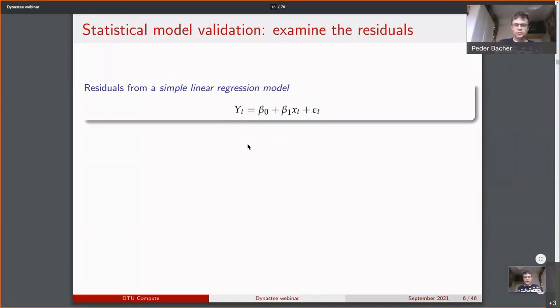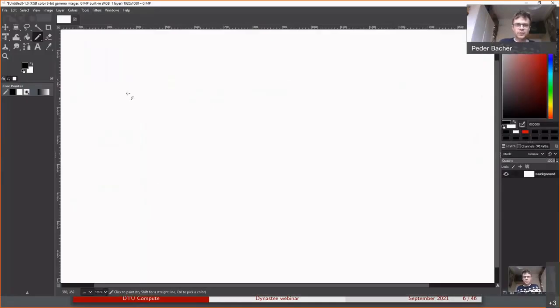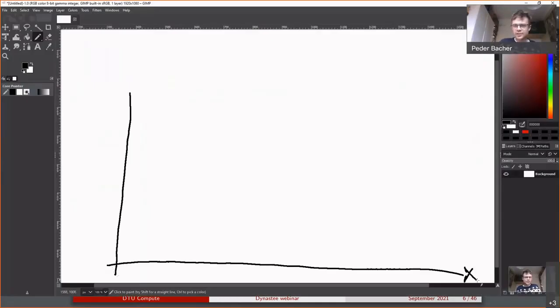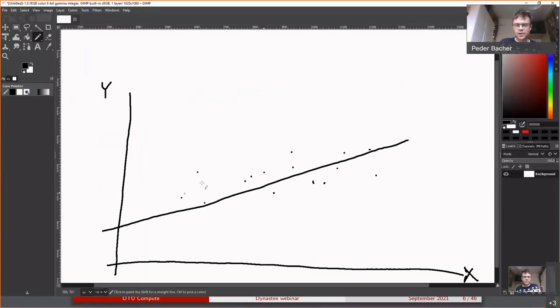Just to quickly remind you, this would be a linear regression model. You would have x on the x-axis and y on the y-axis, and normally we would have some values here, not in time, but just some values, and then we would fit this linear model line.